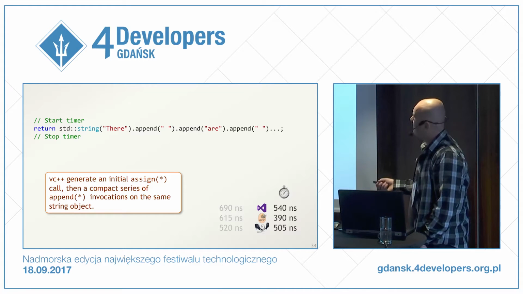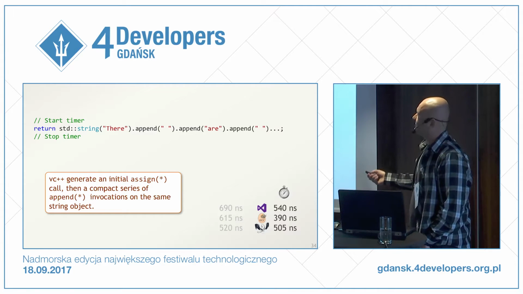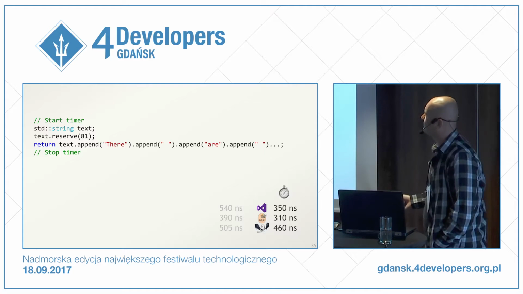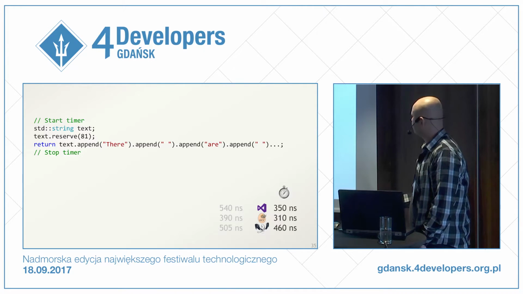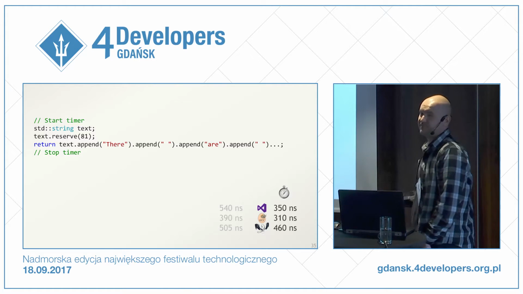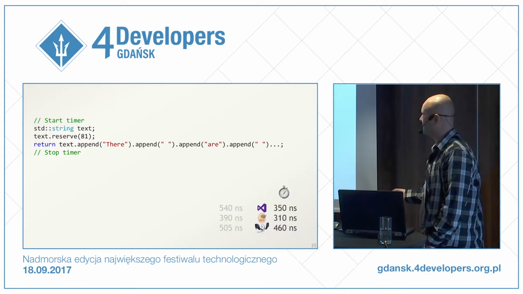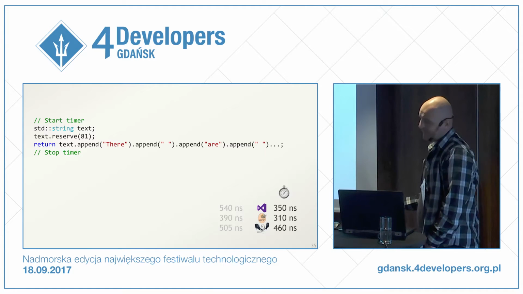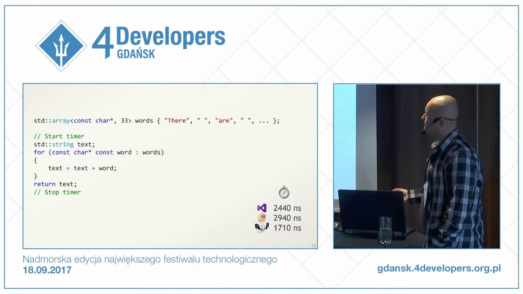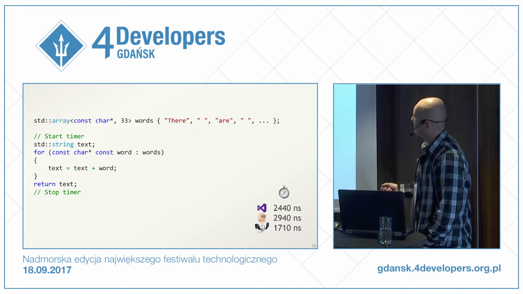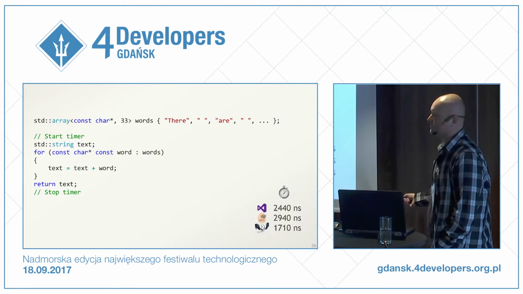Okay, how about the trick with the reserve, right? Okay, it works fine. The times are getting better and better. But let's switch back to the loop model for a while. First, it is without reserve or static or anything. The times are awful.